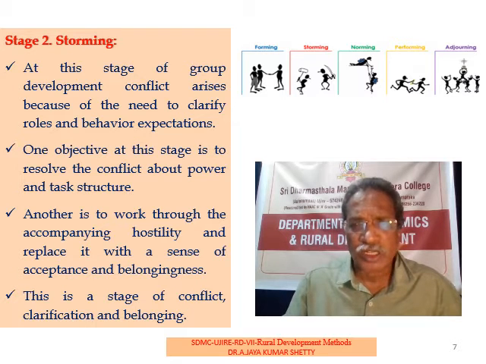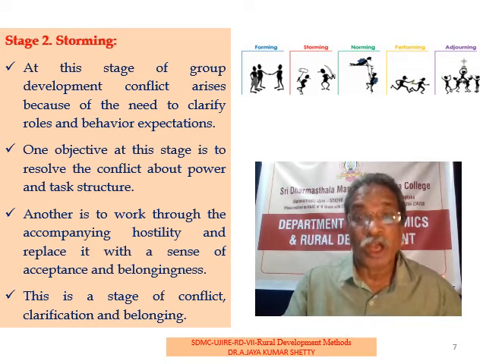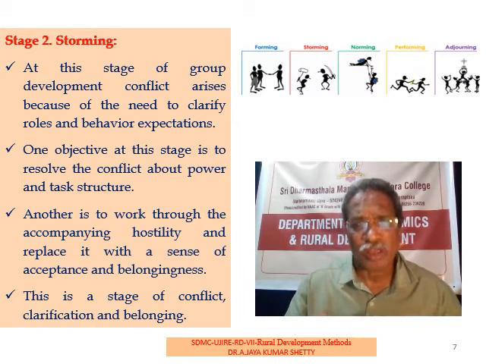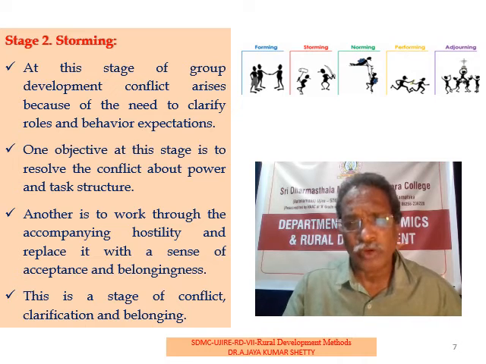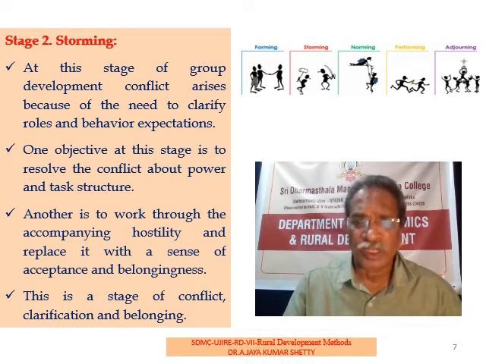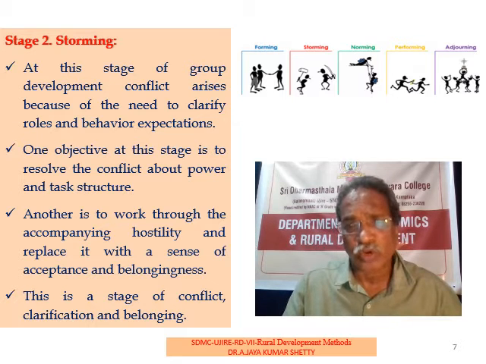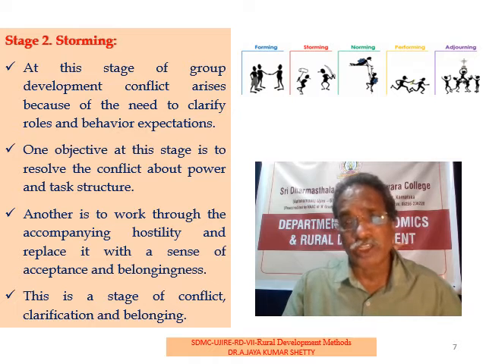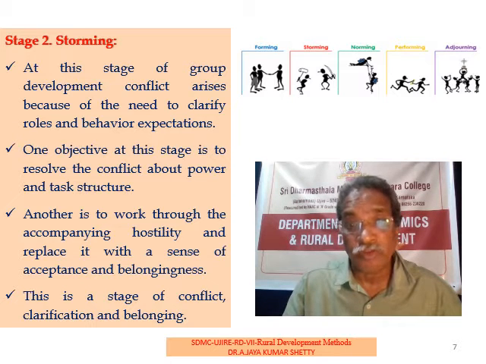This is because now that group members have an understanding of the task and a general feel for who they are as a group and who group members are, they feel confident and begin to address some of the more important issues surrounding the group. Such issues can relate to things like group tasks, individual roles and responsibilities, and even the group members themselves.